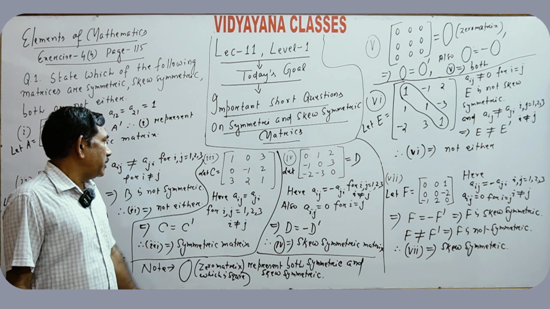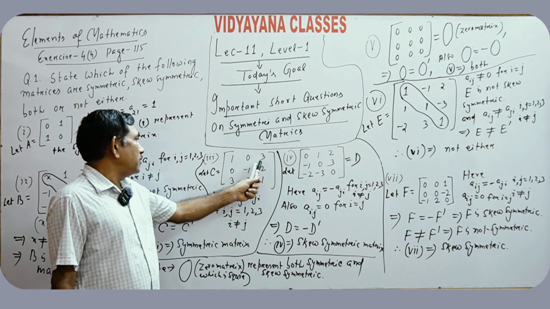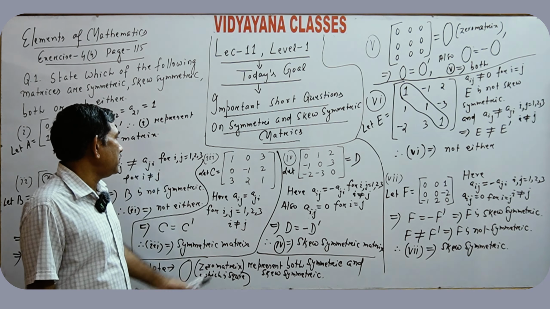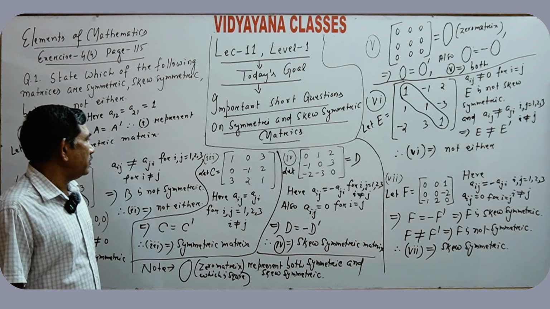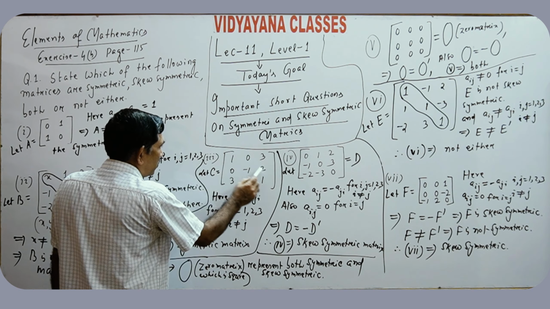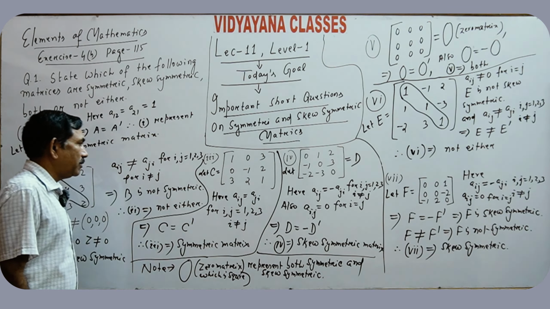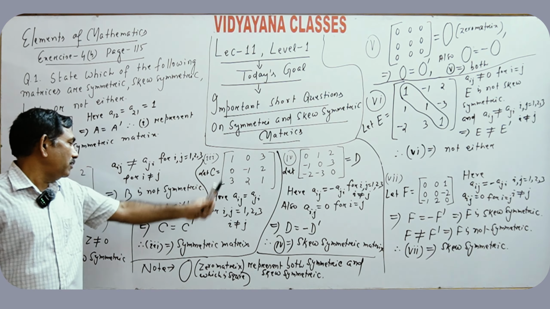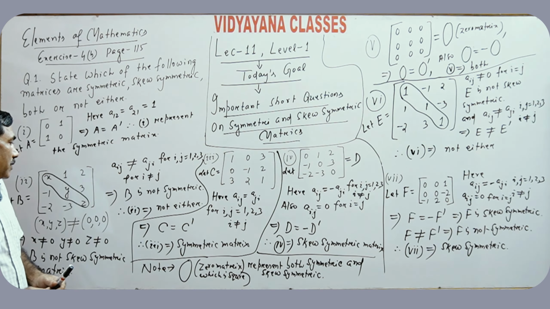It is not skew symmetric since all diagonal elements are not 0. Therefore, the third bit is only a symmetric matrix.